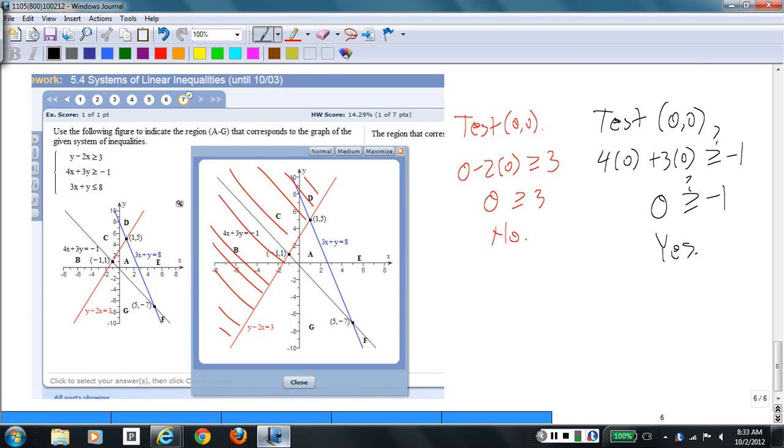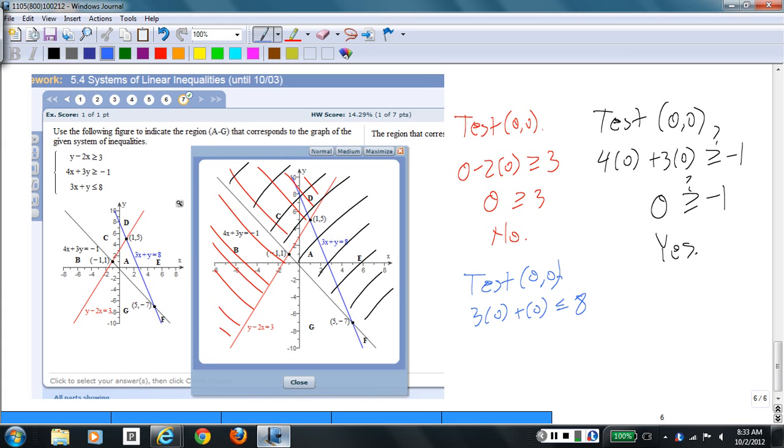So it looks like we will need to shade above and to the right of the black line, like so. And for the blue line, test the origin. It's going to be 3 times 0 plus 0 is less than or equal to 8. It would appear that it is. So that's a yes. So we shade the side of the line containing the origin, and it looks like this.